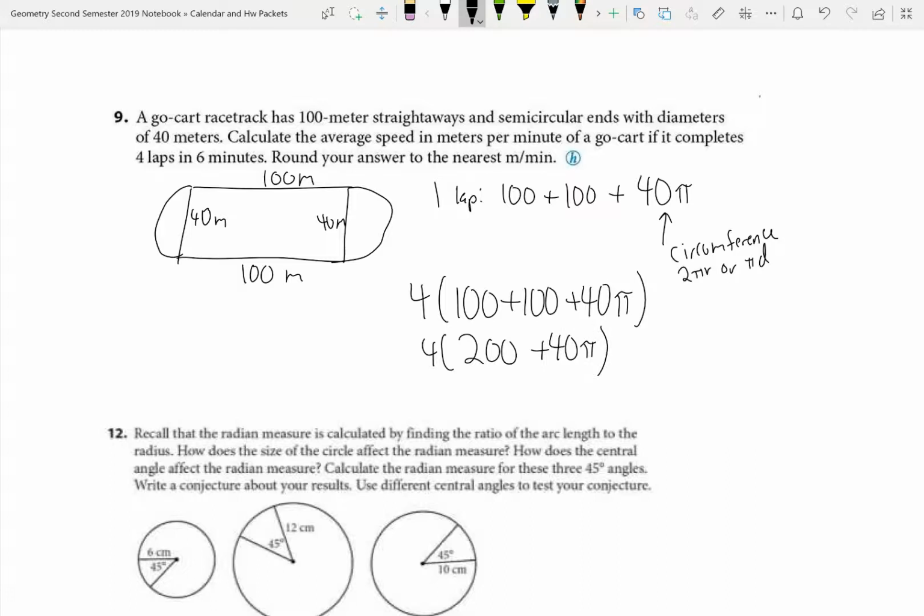And he goes 4 laps in 6 minutes. And so when you do the math, you'll get about 217 meters per minute.